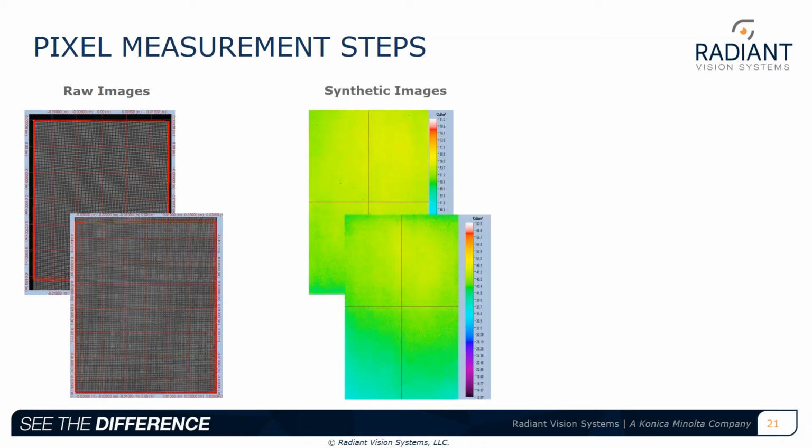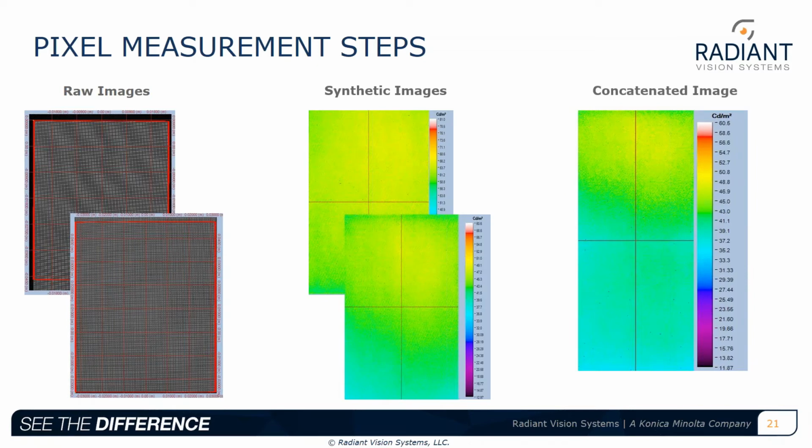From the found locations, we synthesize two separate synthetic images, which would effectively be at half of the resolution of the initial display. Finally, we will concatenate the images, or simply combine them on top of each other, to provide the final image that represents the luminance and color variation of the entire display.